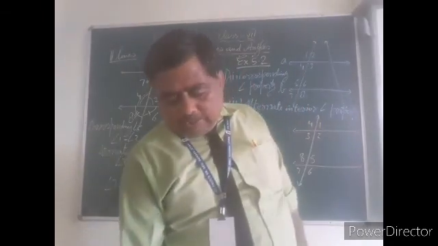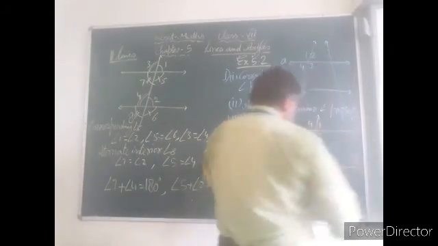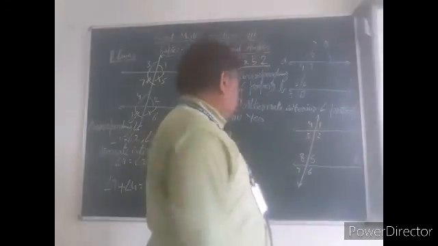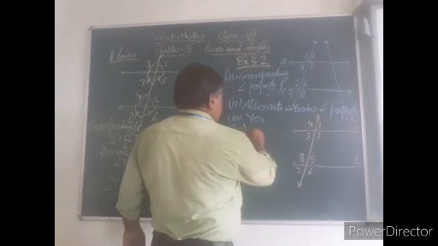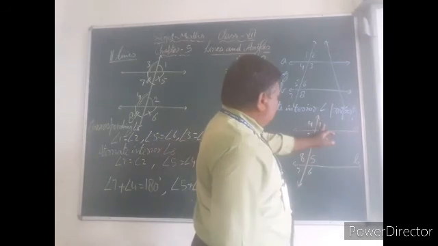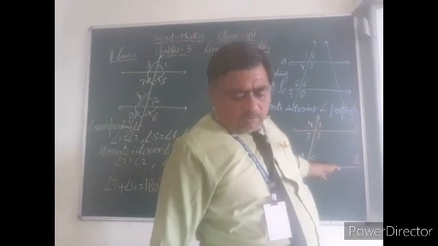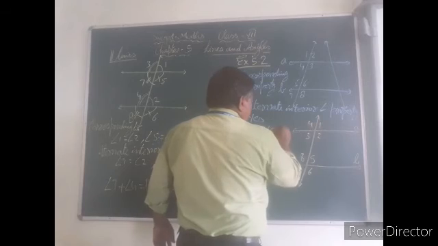These are the angles given, A and B. The pairs of corresponding angles: angle 1, angle 5.